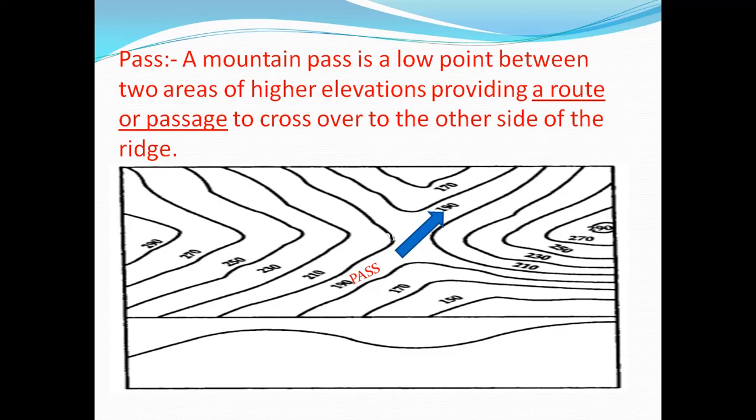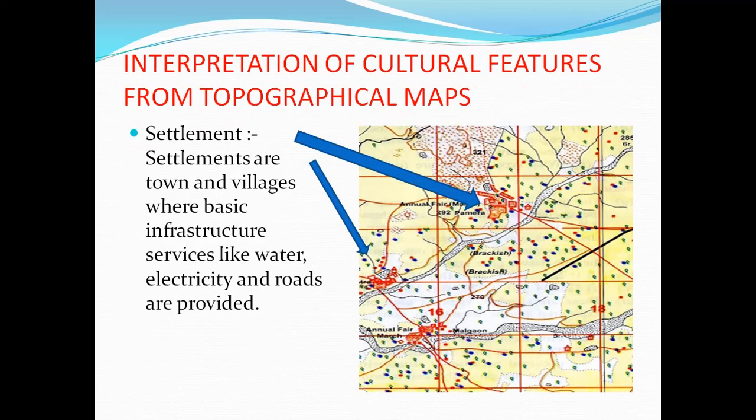Cultural features usually indicate man-made features like a village, town, road, factories, buildings, temples. All these man-made features are cultural features. We need to understand about it, and we have to recognize the features that are present in a topographical map.